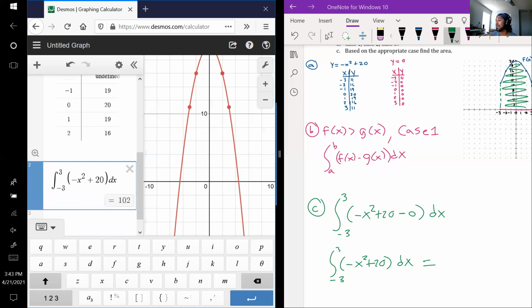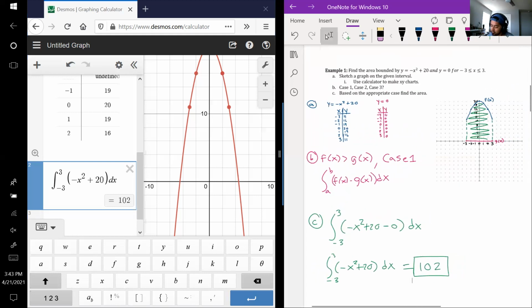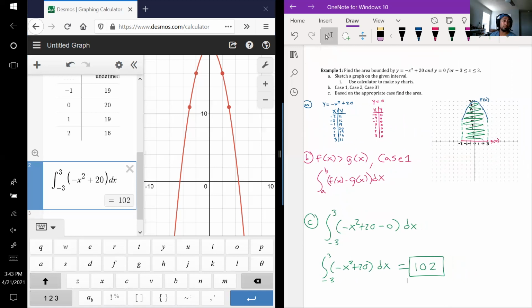And we find out that the area between these two functions is 102. And there you go. That's everything you need to do. So any questions on that?